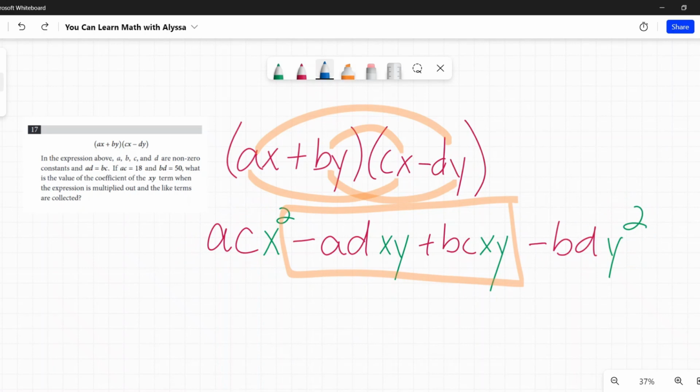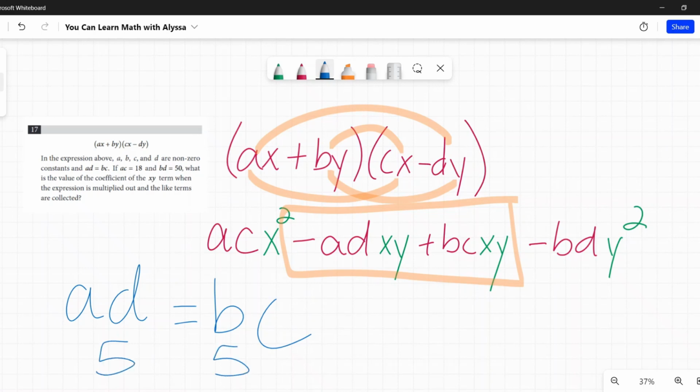And we've been told A times D equals B times C. Put any numbers you want in here. Let's say A times D is 5. That means B times C is 5. What happens if we put 5 in for AD and 5 in for BC? It cancels out. Negative 5, plus 5, they cancel out.